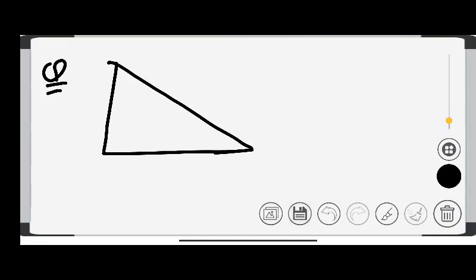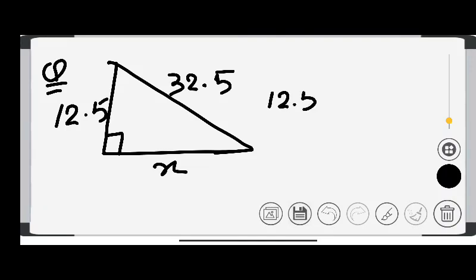Let's take a decimal example. I give a right angle triangle, 12.5, and this is 32.5. Then what is this? If I arrange it to solve, 25x and 32.5, can you find any similarities between them?